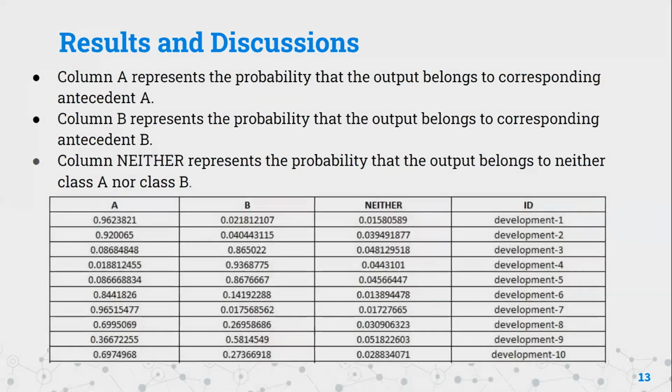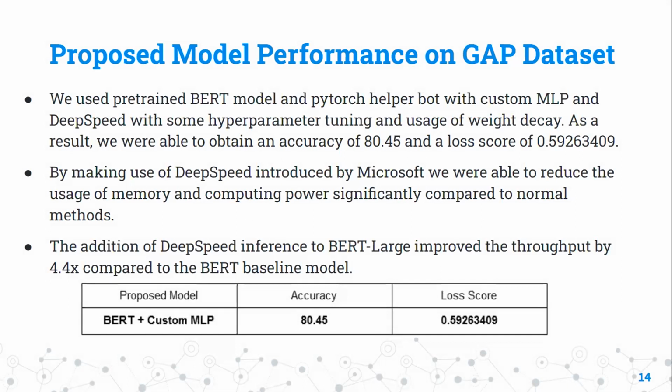And coming to the proposed model performance on the GAP dataset, by using the BERT large model in inference with DeepSpeed, a multi-layer perceptron classifier for multi-class classification, some hyperparameter tuning and weight decay, we were able to achieve an accuracy of 80.45 and a loss score of 0.5926.